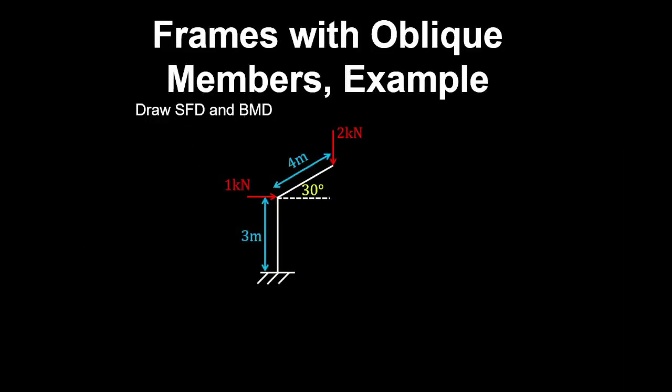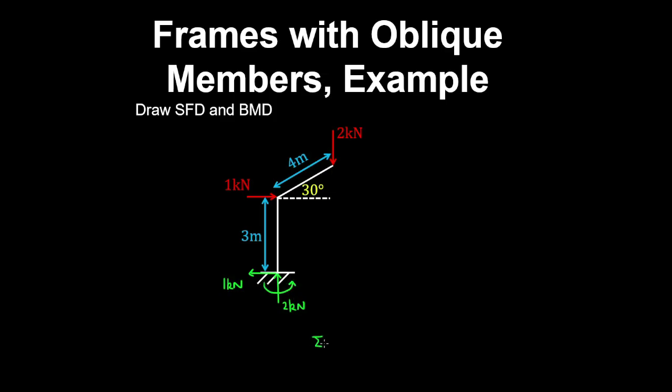Let's draw the shear force and bending moment diagram for this frame with an oblique member. And by vertical equilibrium of forces, we have 2 kilonewtons acting upwards, and by horizontal equilibrium of forces, we have 1 kilonewton acting to the left. And because it's a fixed support, we have a moment reaction.